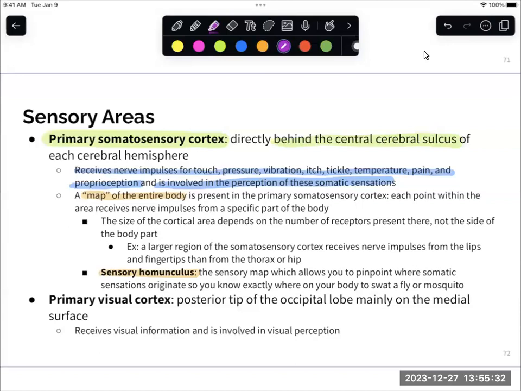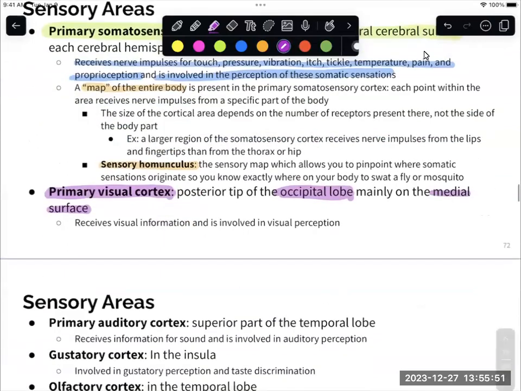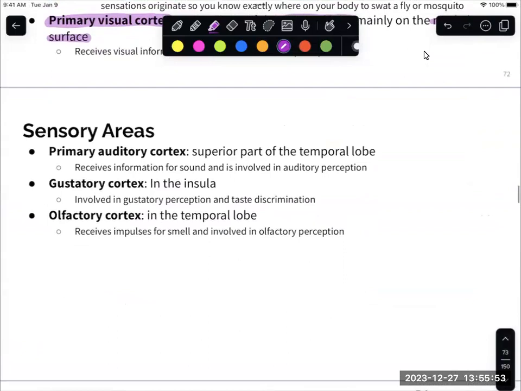The primary visual cortex, more sensory, is in the occipital lobe. So anything you are seeing is going directly into that occipital lobe, mostly on the medial side. The primary auditory cortex is on that temporal lobe.